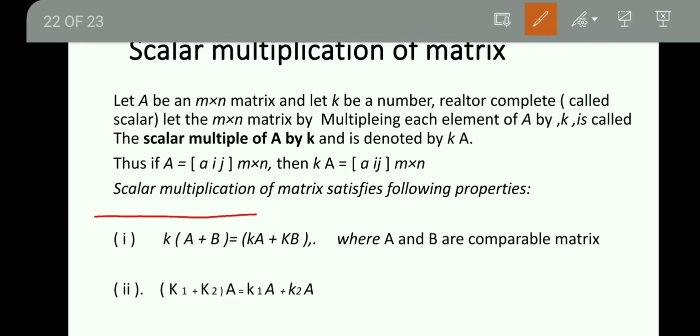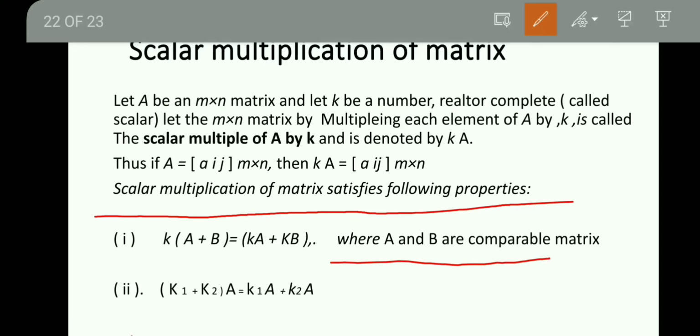Scalar multiplication of a matrix satisfies the following properties. The first property: k into (A plus B) is equal to kA plus kB, where A and B are conformable matrices.